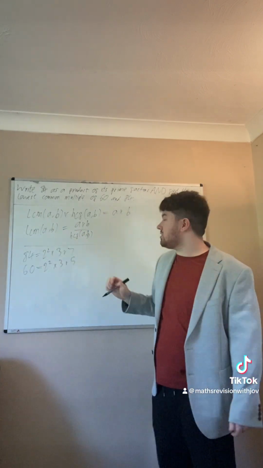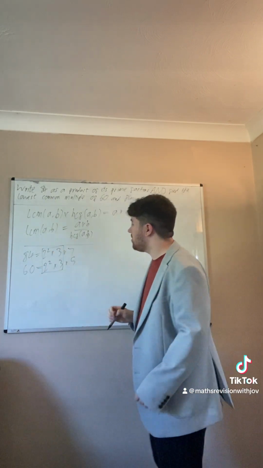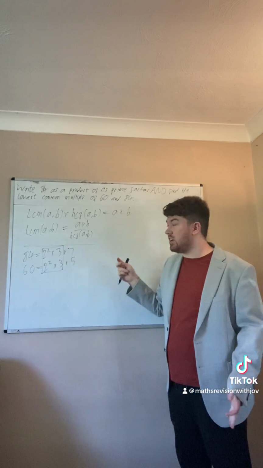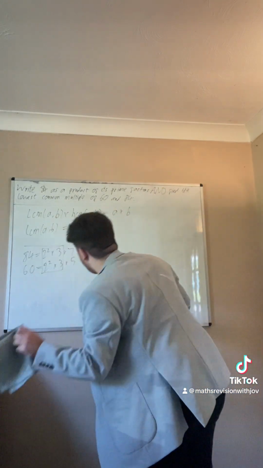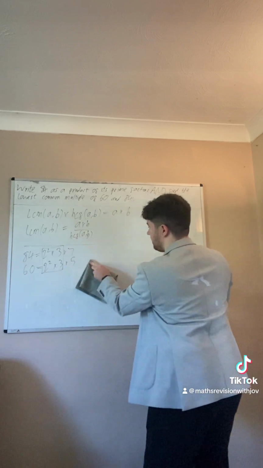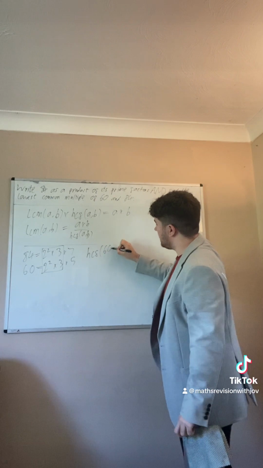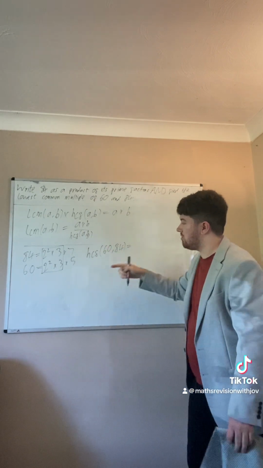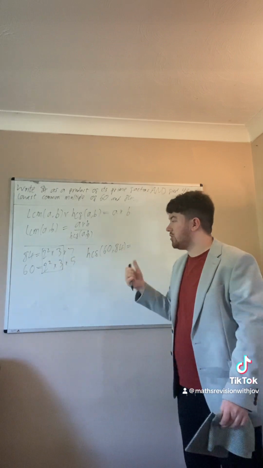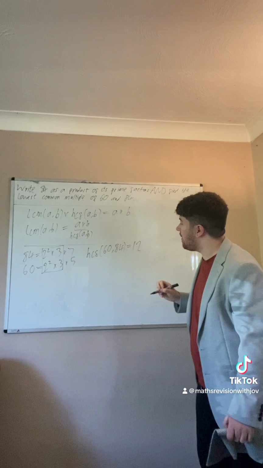Both of these numbers have this 2 squared times 3 in them, and that's all they share, which means that the highest common factor of 60 and 84 is indeed equal to 2 squared times 3. 2 times 2 is 4, 4 times 3 is 12.